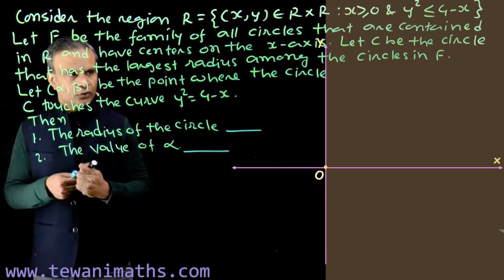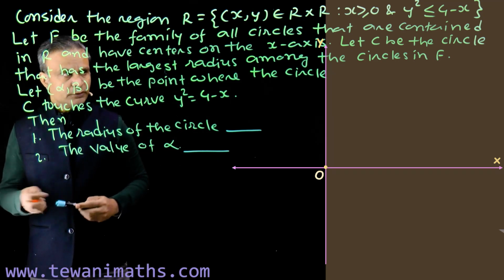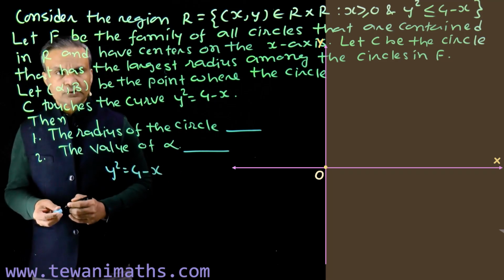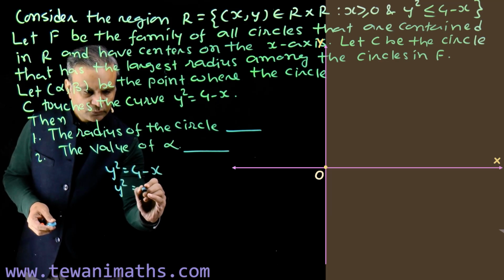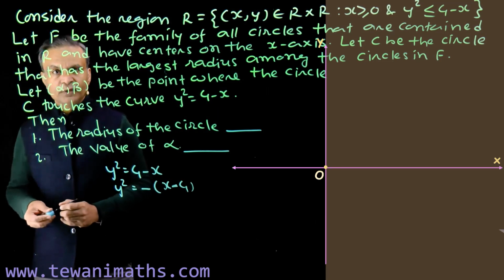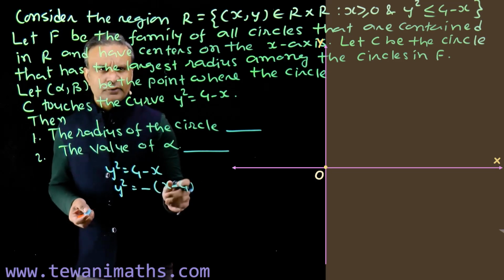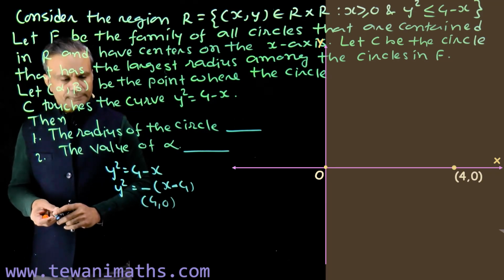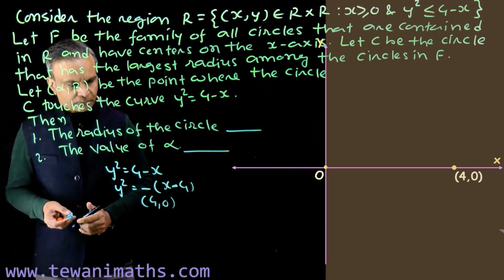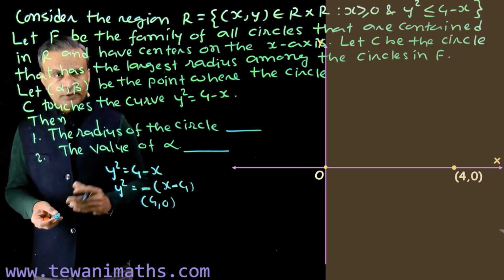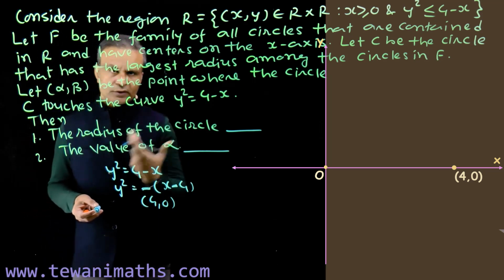For that we draw curve y square is equal to 4 minus x, or y square is equal to minus x minus 4. Okay, now this is a parabola. Vertex is 4 comma 0. Okay, and here coefficient is negative. Okay, so graph will open towards left.